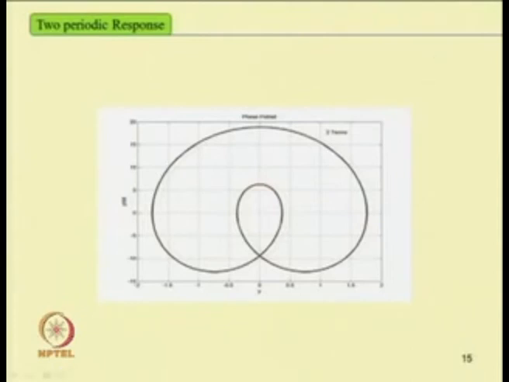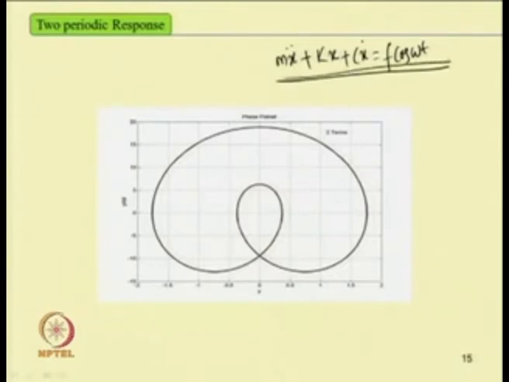For example, in the case of the spring mass system, m x double dot plus c x dot plus k x equal to f cos omega t, we have a periodic response. If we plot the phase portrait of the response, that is x versus x dot, then we have a closed curve for this periodic response.